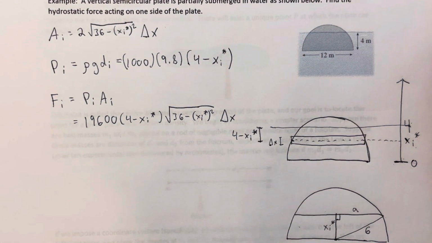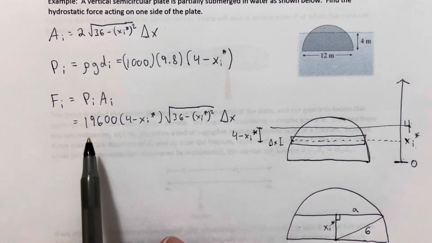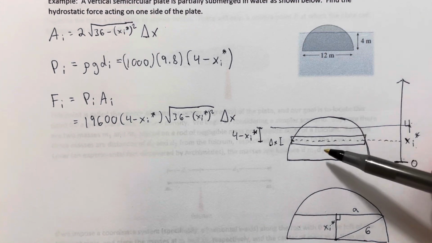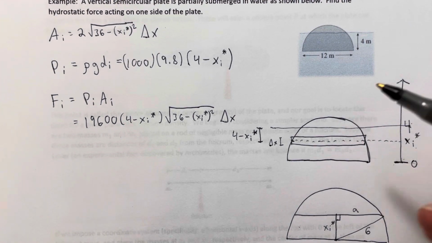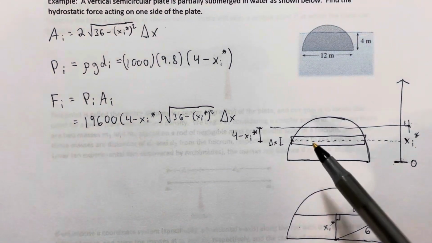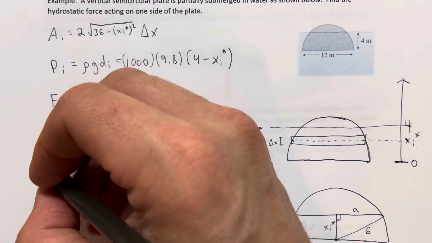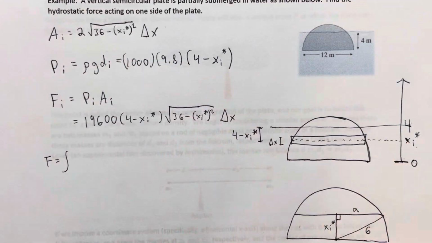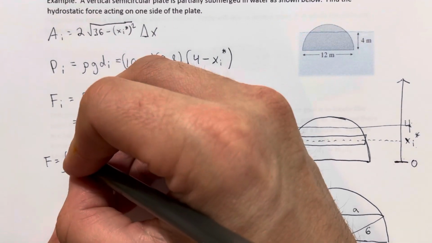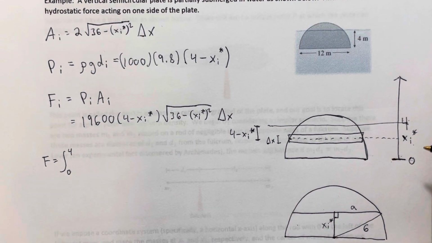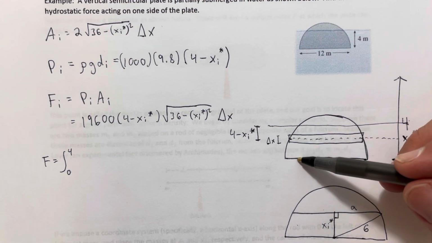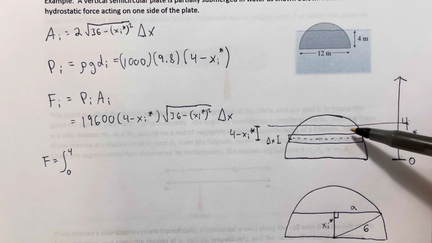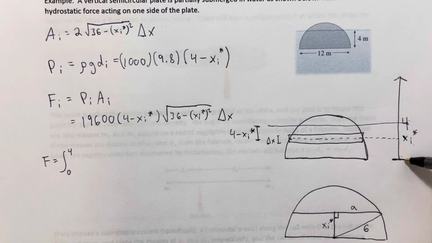Okay, so as we saw in the previous example, this will end up turning into my integrand, because when I want to make my approximating rectangles that I'm adding up precise, I take the limit as n goes to infinity. It turns the things into a definite integral, so that my force is the definite integral from 0 to 4. We know that it's from 0 to 4 because, as we said before, these rectangles will only occupy the part of my semicircular plate here that are under the water, which only goes from 0 to 4.